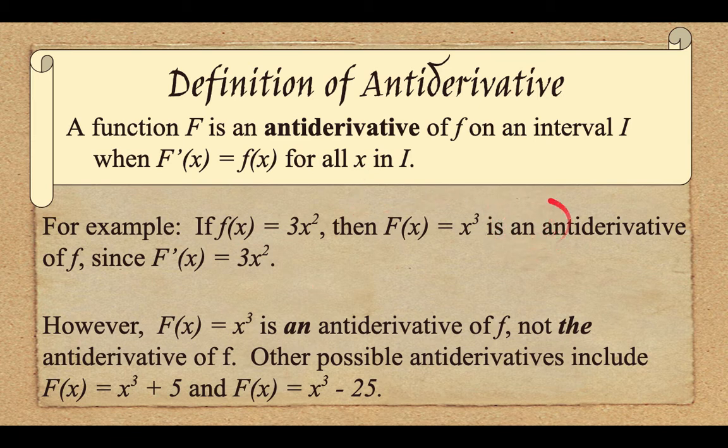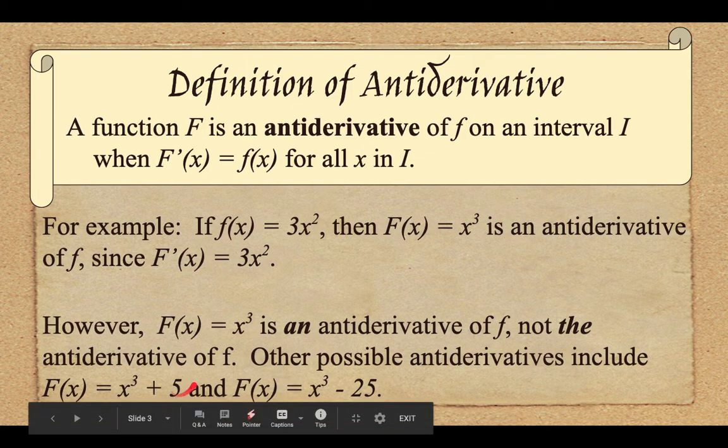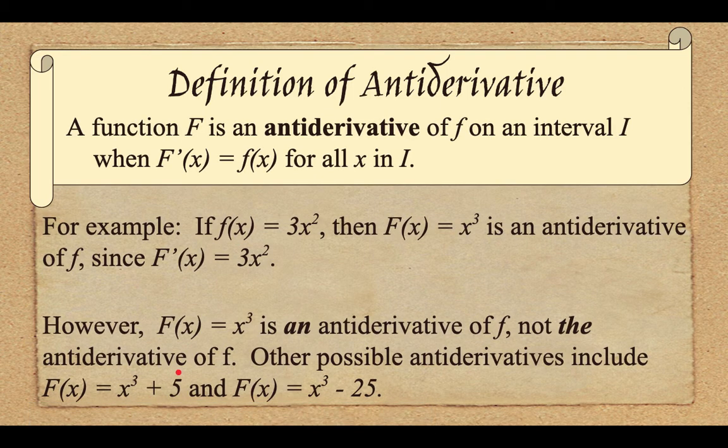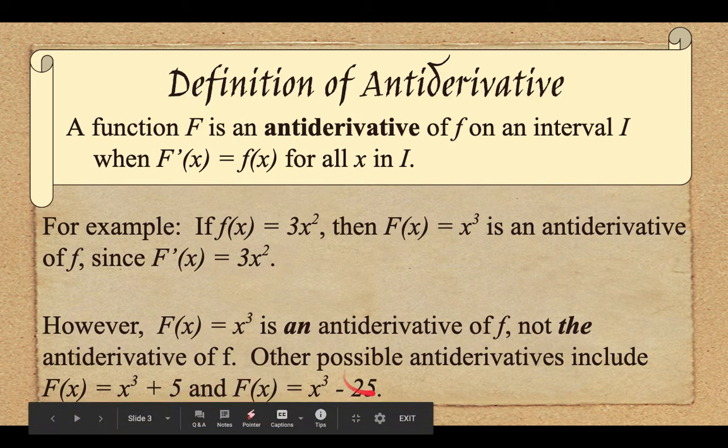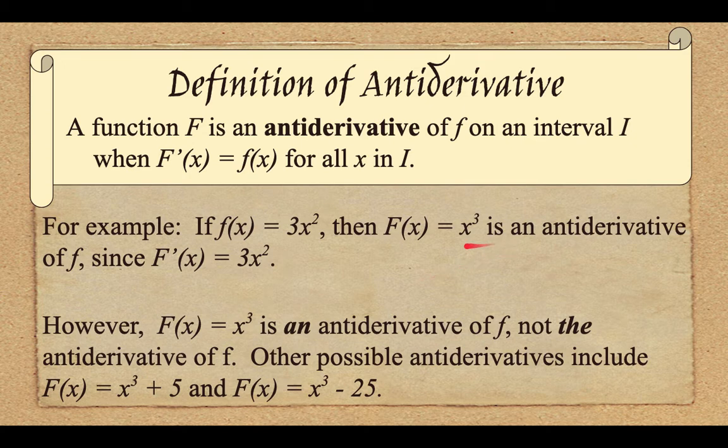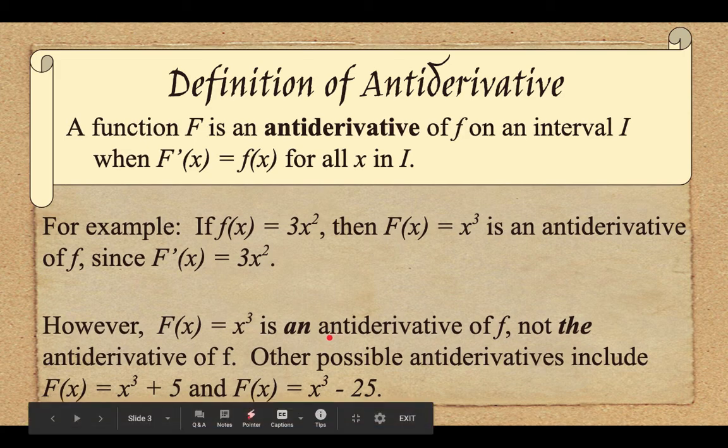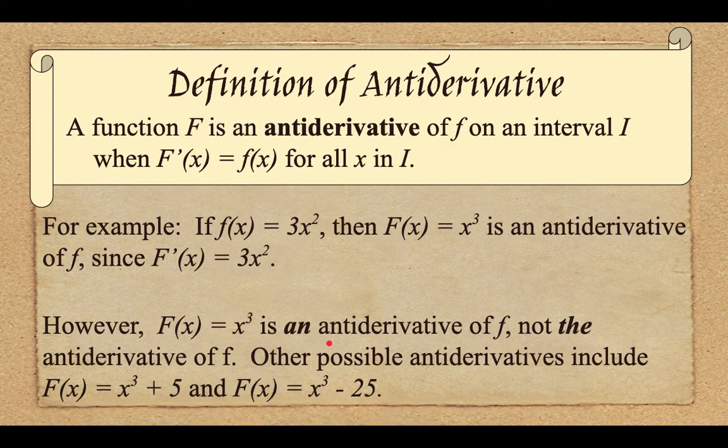It's one possible antiderivative, because if you take the derivative of a constant, you get 0. So I could put any constant I want on the end of here. Plus 5, minus 25. Anything I put on here, if I add or subtract a constant, then when I take the derivative, it disappears, and I will get the same function, 3x squared. So one of the things we have to worry about is that when we find an antiderivative, there are an infinite number of them. There's not just one.